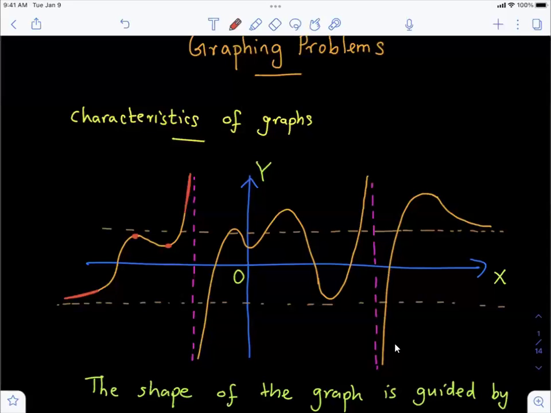Now if you look at similar behavior in the second component here, you can see a few local peaks and valleys for this function. And at the same time, if you accompany it with the behavior right here at the vertical asymptote and right here at the other vertical asymptote, we can have a good description of this function when we do not have the luxury of that orange function.